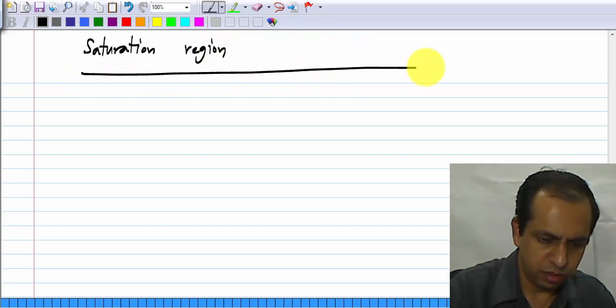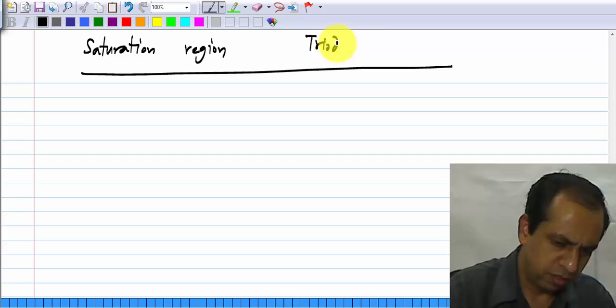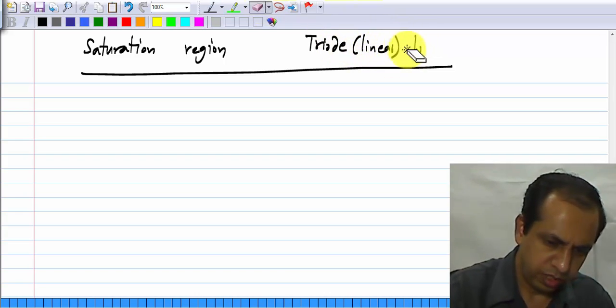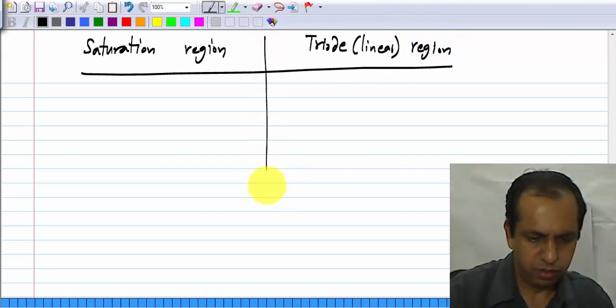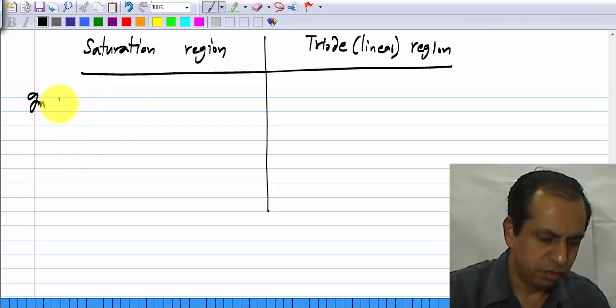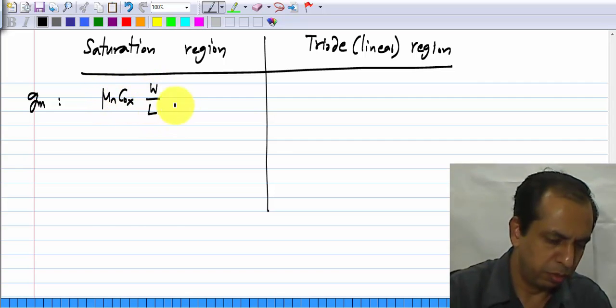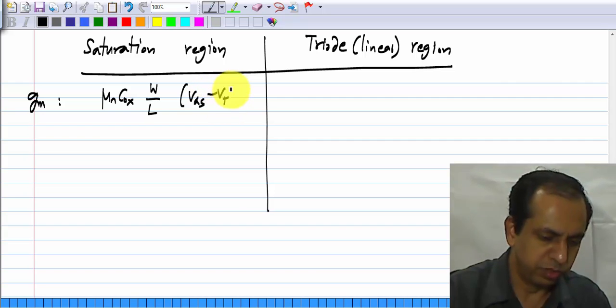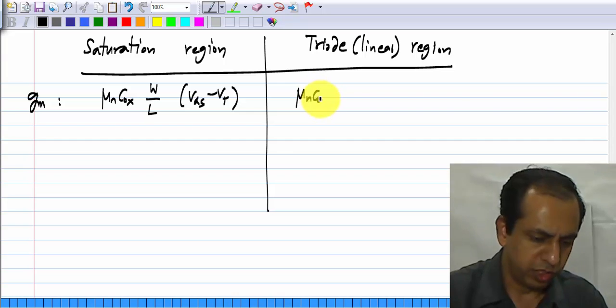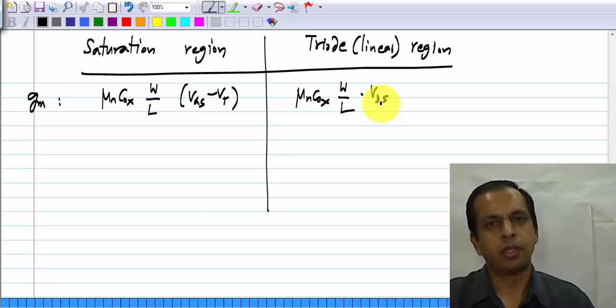Saturation region and triode or linear region. Okay. So, GM value in saturation region is given by mu n Cox W by L times VGS minus VT, and in triode region it is given by mu n Cox W by L times VDS.